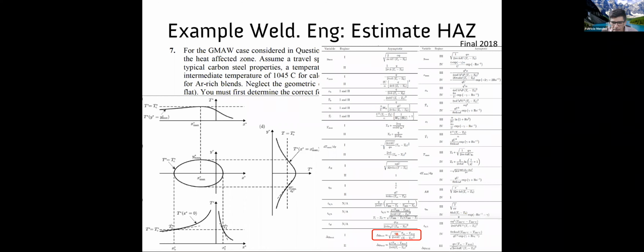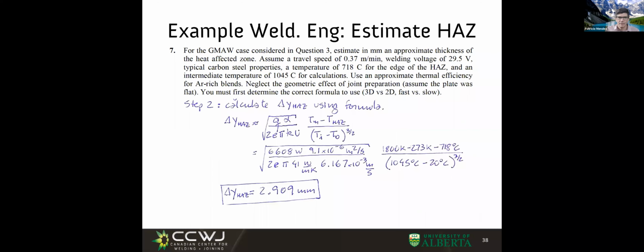We have alpha, 2e pi, this is like, E is e to the 1, right? 2.71. Thermal conductivity, travel speed, melting temperature, and temperature of the heat affected zone, that is the A1. And here we have this intermediate temperature that I gave in the statement, and the preheat temperature.